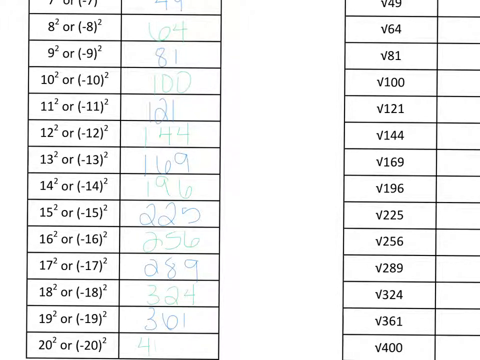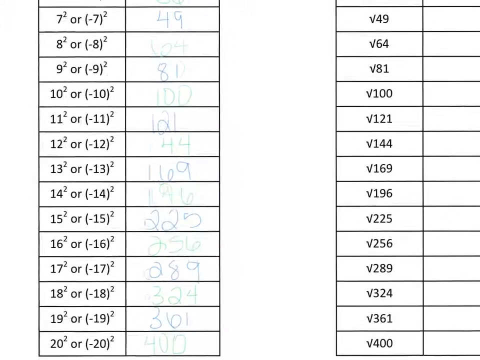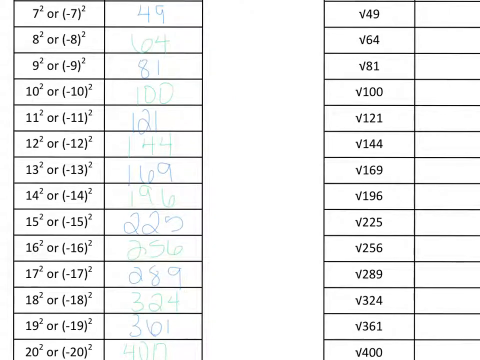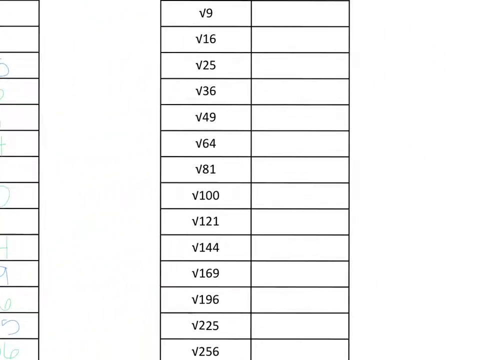Now, the expectation is that you're going to have 1 through 15 memorized. Okay, so if you can get those memorized, it will make things a lot easier on you, just as a point of reference. Now, when we come over to the other side, it's going to have us going backwards.